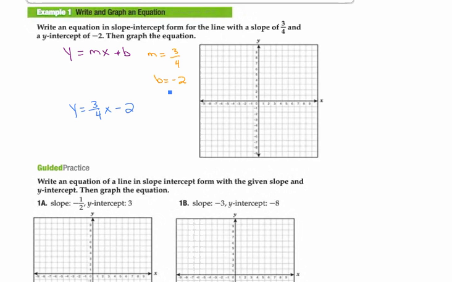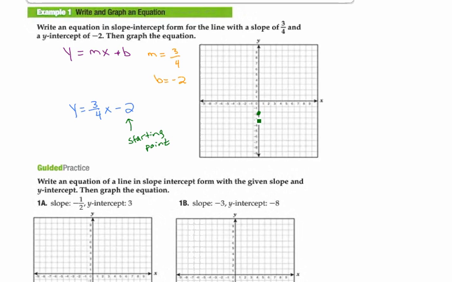Now I'm supposed to graph it. Understanding how to graph this, we are going to remember that this is our y-intercept starting point. So from 0, I'm going to drop to -2. This is my starting point.